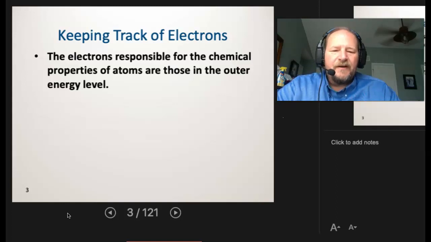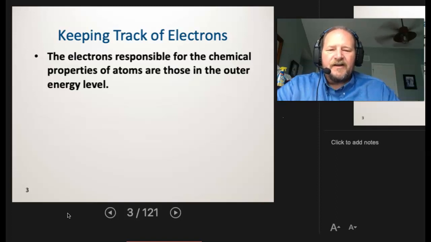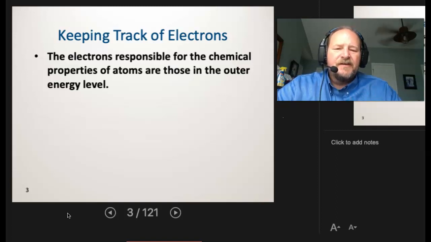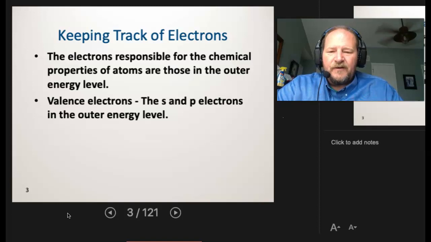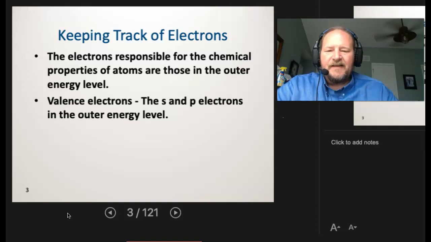So we don't worry about all of the electrons, just the ones in the outer electron levels. If we're looking at the electron configuration 1s2, 2s2, 2p6, 3s2, 3p4, we don't care about energy level 1 or 2. We only care about energy level 3 because that's the outermost energy level. The electrons in that outermost energy level are referred to as the valence electrons.